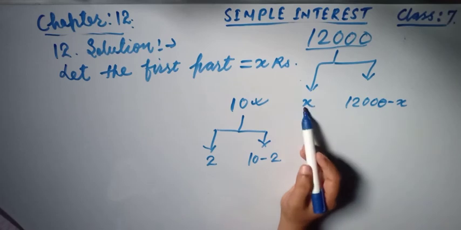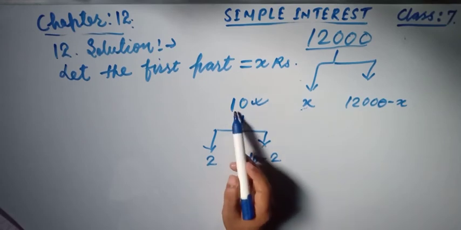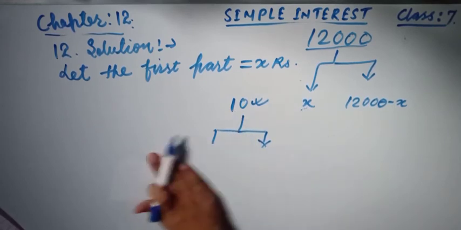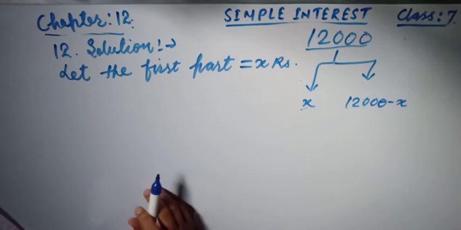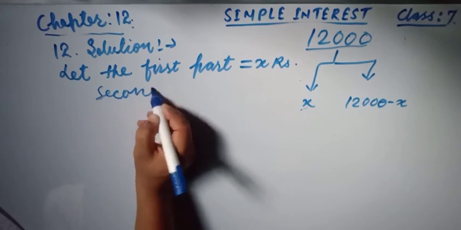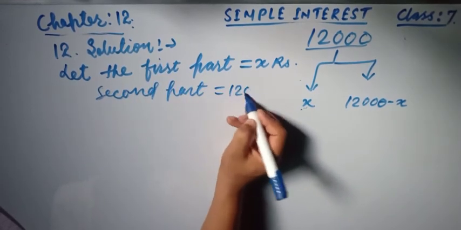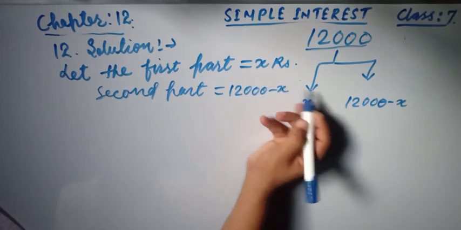So one part is X, then the other part is 12,000 minus X, similarly to 10 minus 2. The second part is 12,000 minus X rupees.